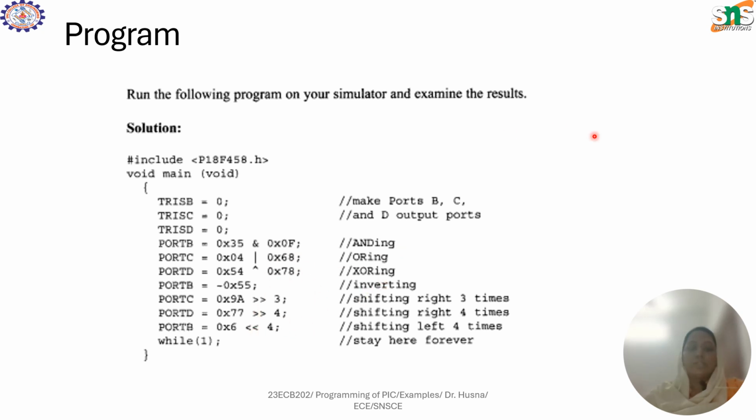And here for port D we have an XOR value, a bitwise XOR operation between these 2 bytes. And then bit inversion, I have done a bitwise NOT for 0500, and this performs the right shift and left shift, shifting the bits, and then there is an infinite loop.